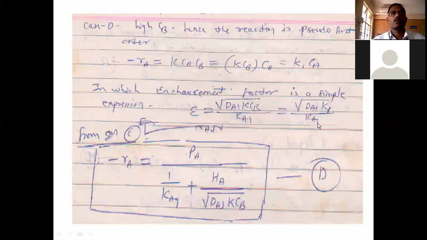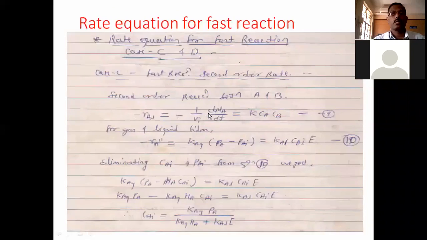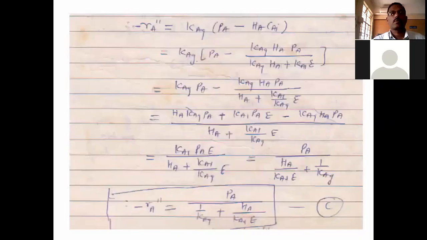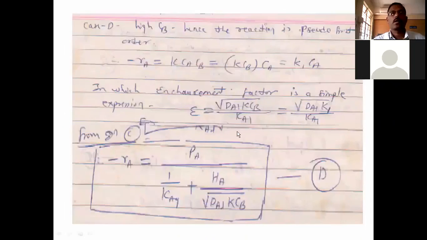This enhancement factor equation we consider, and we calculate it using the previous instantaneous reaction where E is there. Using this equation, we write the expression from the enhancement factor.